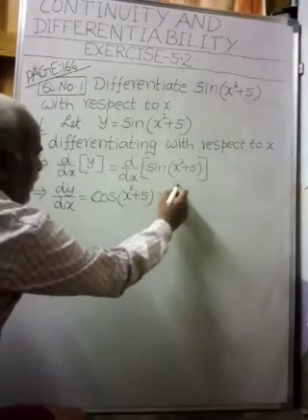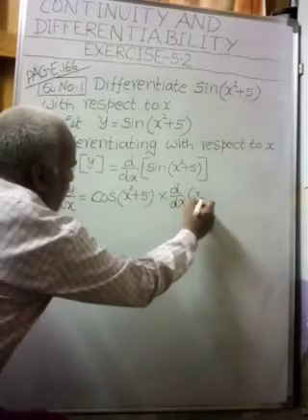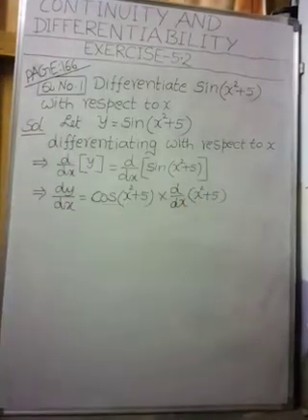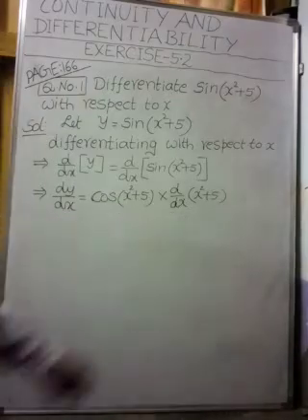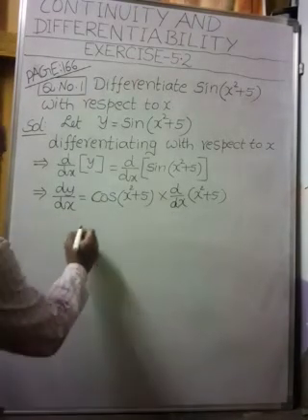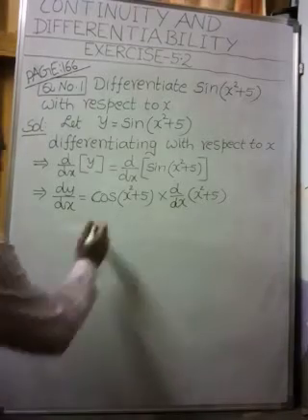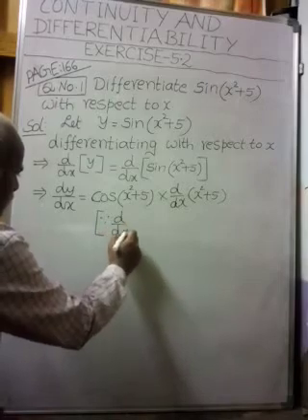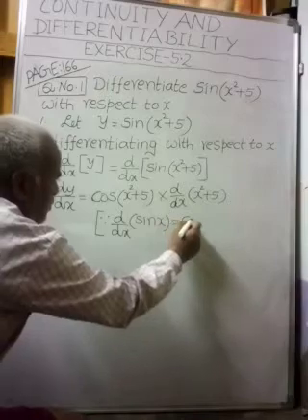Into d by dx of x square plus 5. We have to find the derivative of this function. Whatever you assumed as x in your mind, you have to find the derivative of that function. Understood this step, my dear children? Right. This is equal to, so here I am writing d by dx of sin x is equal to cos x.